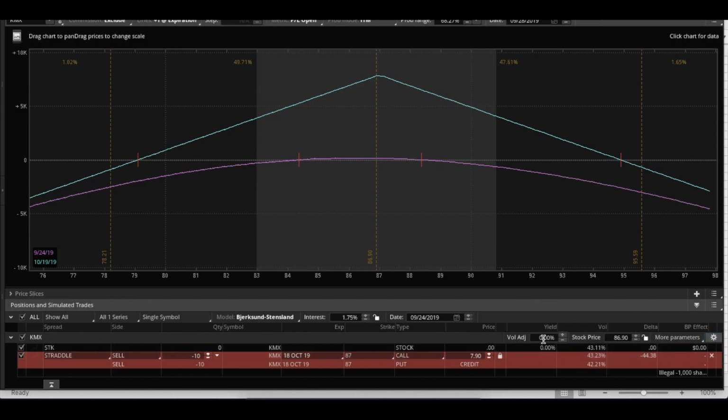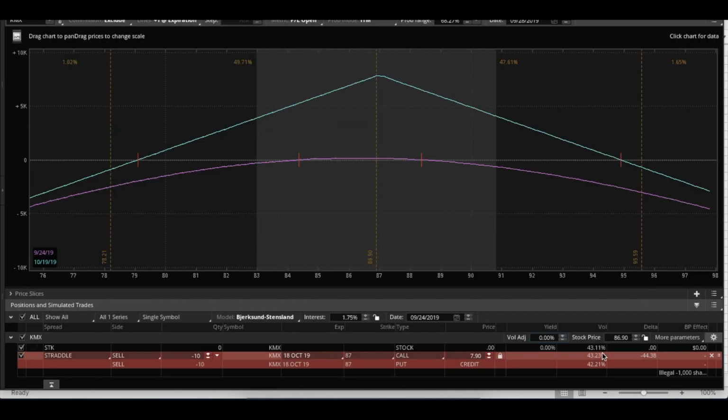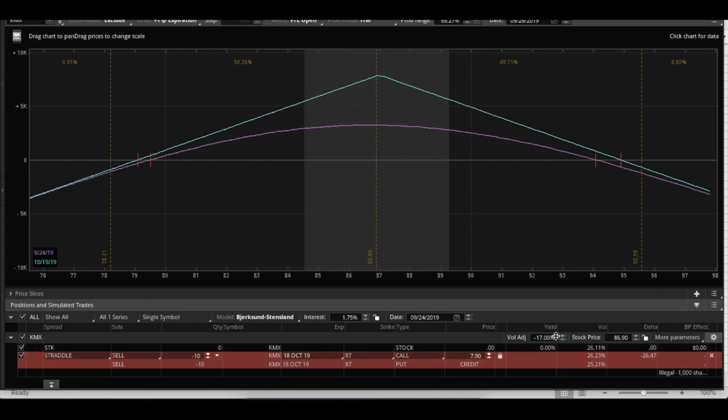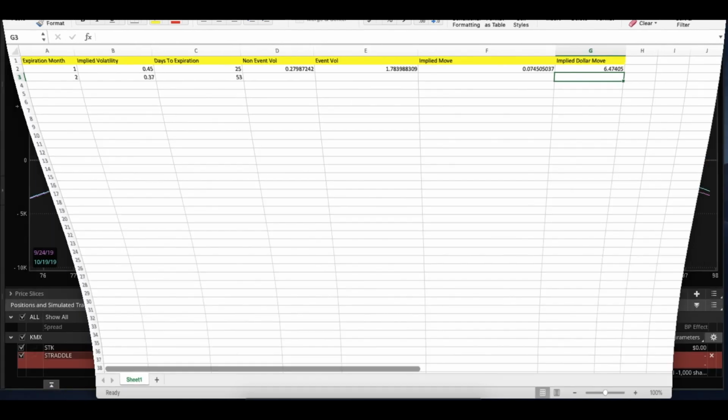So right now the implied volatility for the at the money is 43, but we're going to say it goes down to our non-event volatility tomorrow, which is 27%. So if we change this number so that we're roughly at 27%, you'll see that our break even is roughly $6.40, which I think is what we said, right? $6.50.